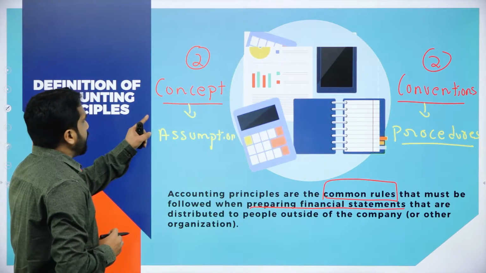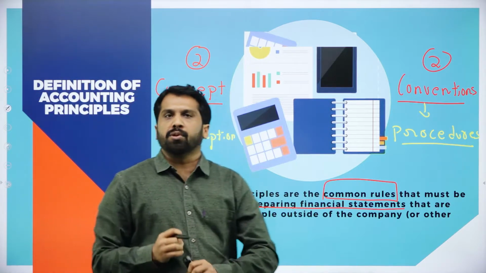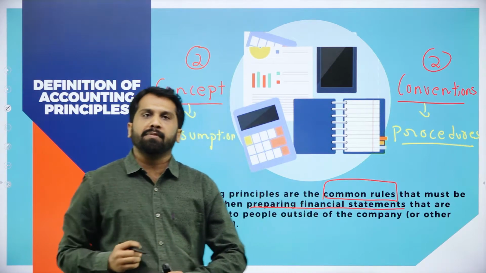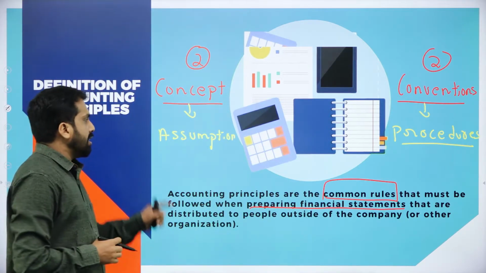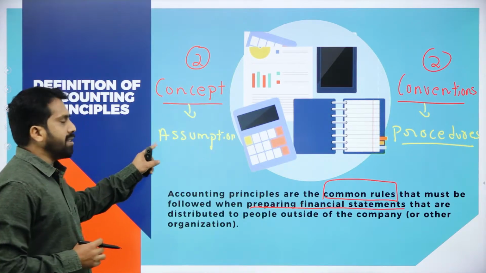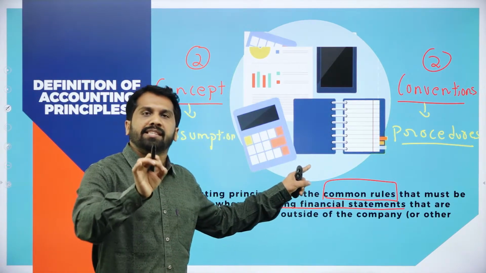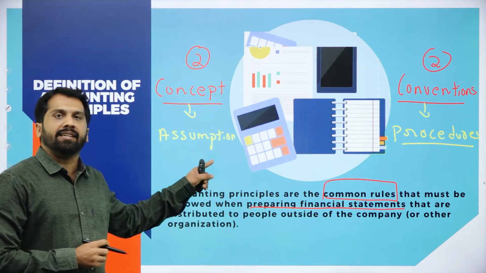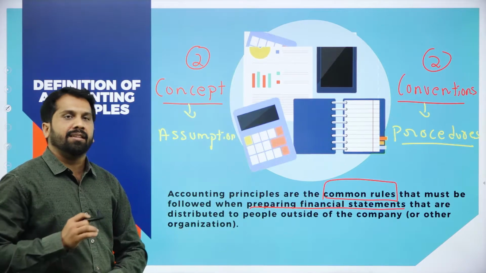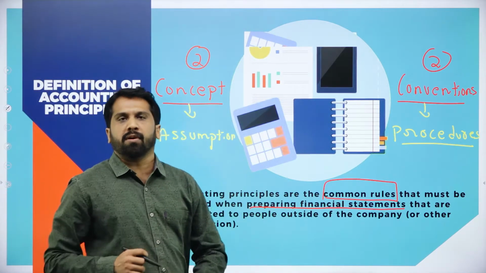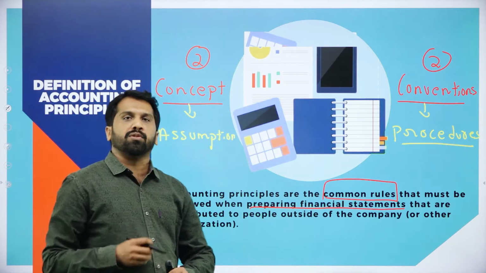For example, concept. If you travel by bus or train, what do we do? Before they ask, we purchase a travel ticket. That is nothing but assumption. Your basic duty is to purchase a travel ticket and get in the vehicle. So that is called assumption. Or else, while going for a walk, you find a passport copy.